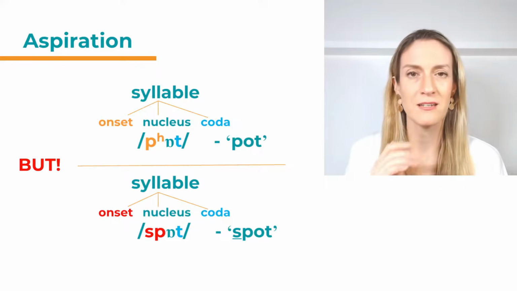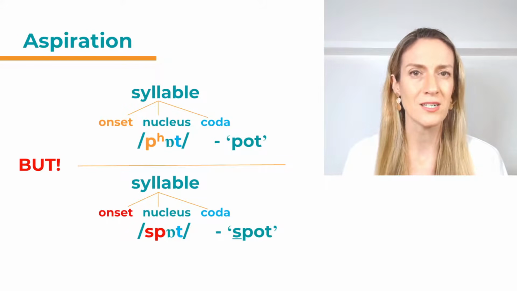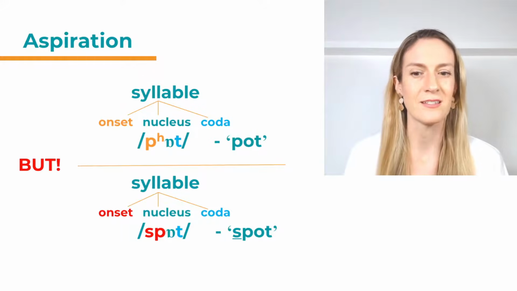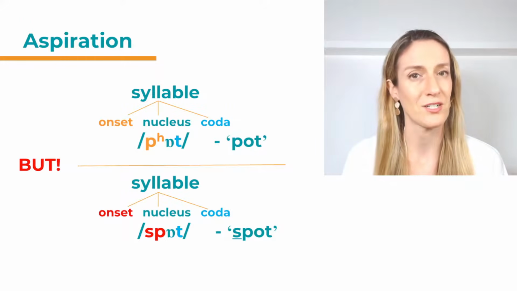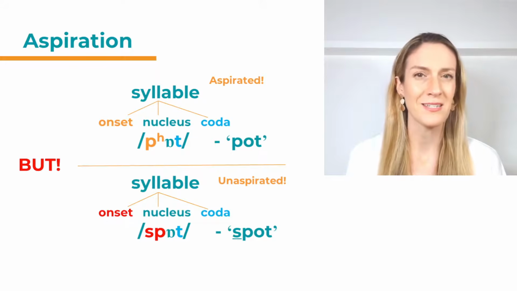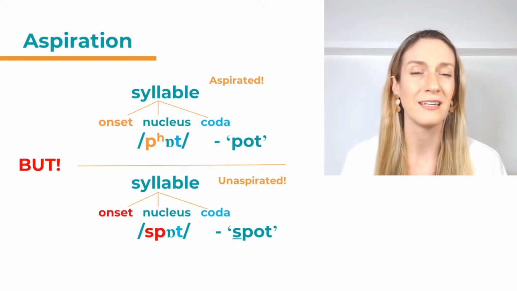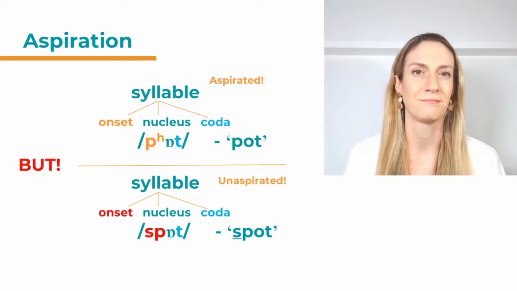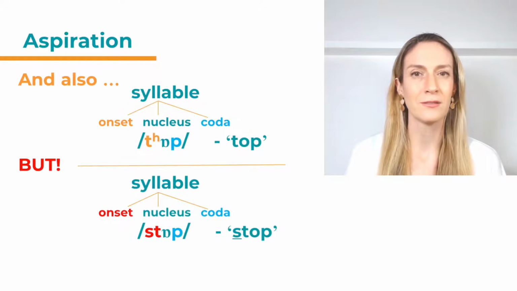Maybe put your hand in front of your mouth. Pot, spot. It's a difference. There's no aspiration in spot. And so the first one we would say is aspirated, and the second one is unaspirated because there's a different phonological environment.